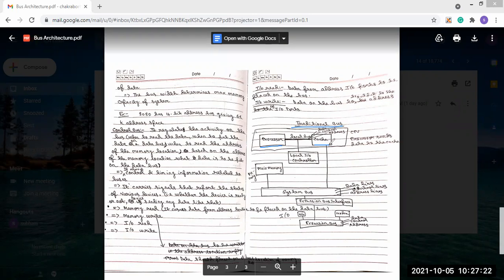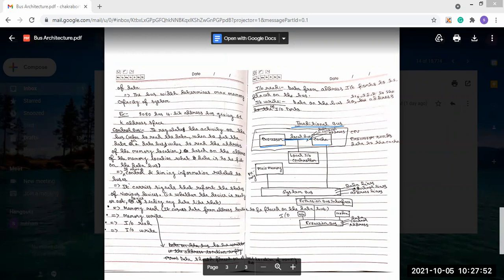The cache storage capacity is not very much, so the particular data we want to access immediately, we store only in the cache. So this processor will be connected with the cache through a local bus.